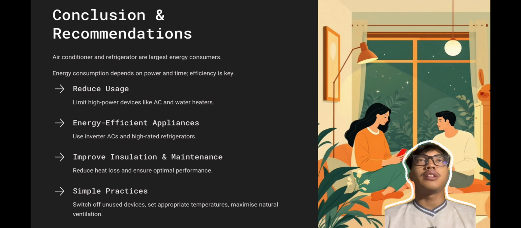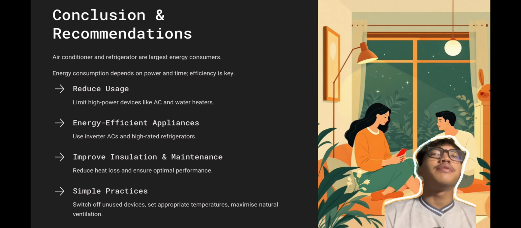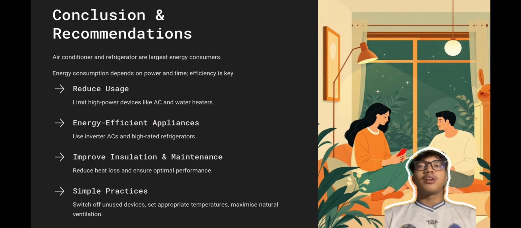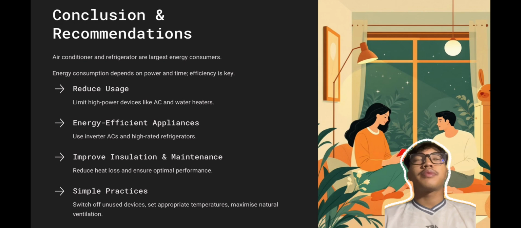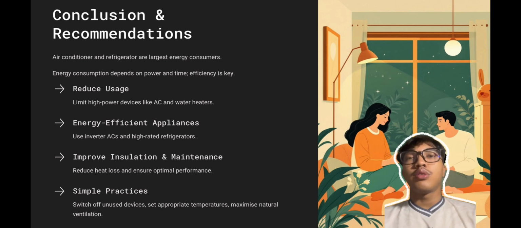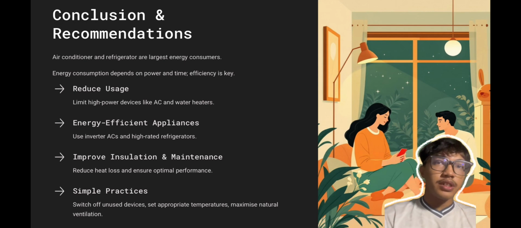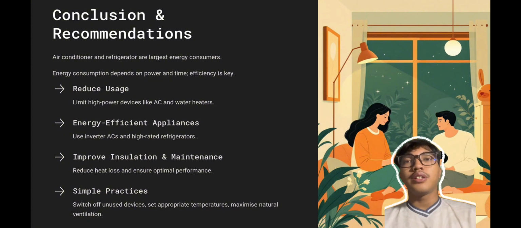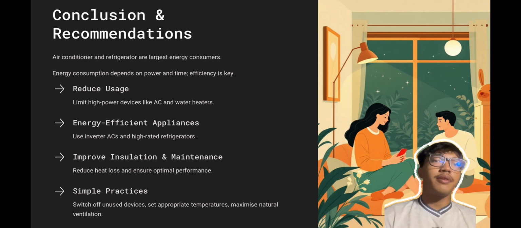Like in the aircon category, we can use an inverter aircon or highly rated refrigerators. Otherwise, we can also improve the installation and maintenance. For that, we also need to reduce heat loss and ensure optimal performance.